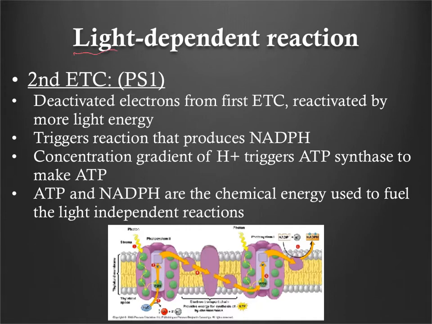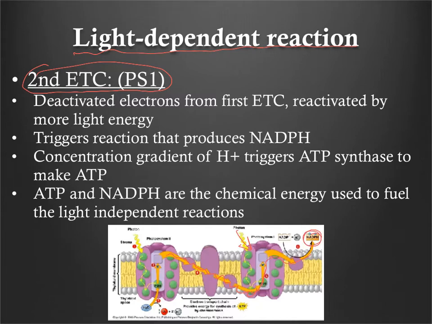So, the second part of the light dependent reactions, this is happening at the second electron transport chain, or photosystem 1. These deactivated electrons from the first electron transport chain, they lose energy as they go down, get re-excited from light hitting photosystem 1, and this triggers a reaction that produces NADPH.